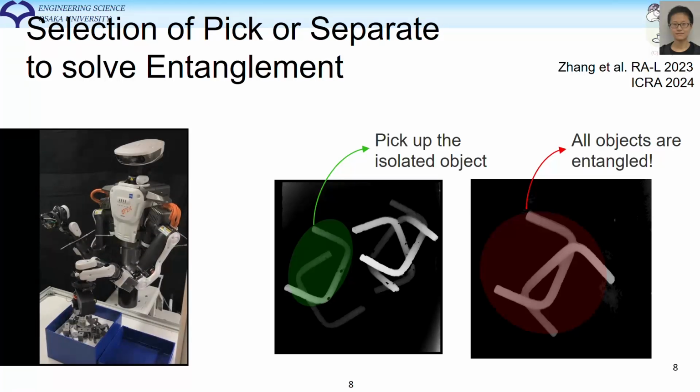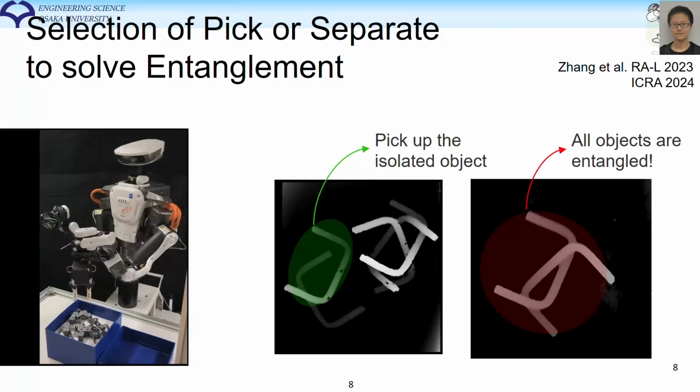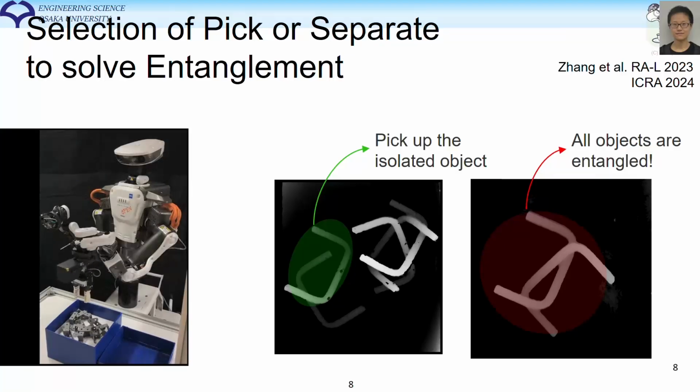So we are focusing on this kind of problem, and this is the typical grasping strategy. I think that it would be better if we can find the isolated parts and then pick the isolated parts one by one.